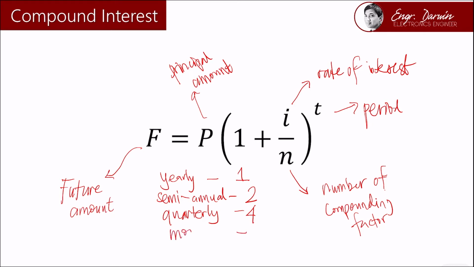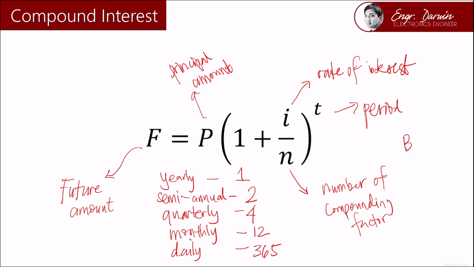And then pag monthly naman ang ating compounding interest, we divide it by 12, and last but not least, kapag meron naman tayong daily, this is 365 days, or interest rate divided by 365.